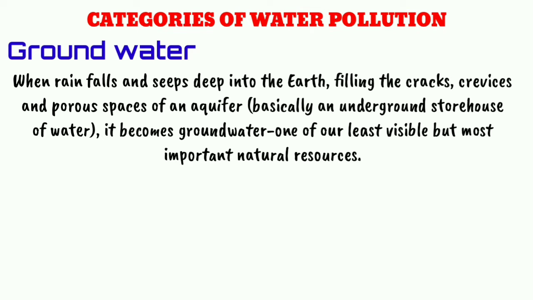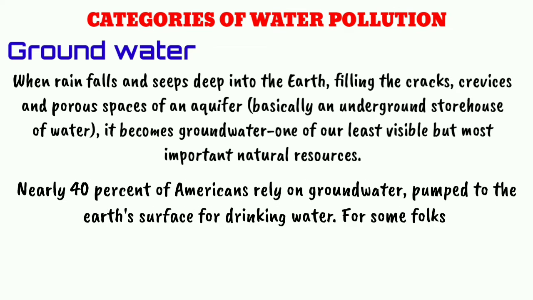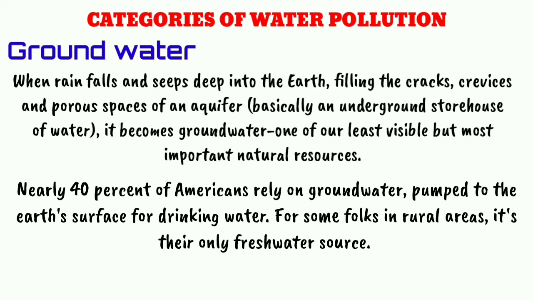One of our least visible but most important natural resources. Nearly 40% of Americans rely on groundwater, pumped to the earth's surface for drinking water. For some folks in rural areas, it's their only fresh water source.